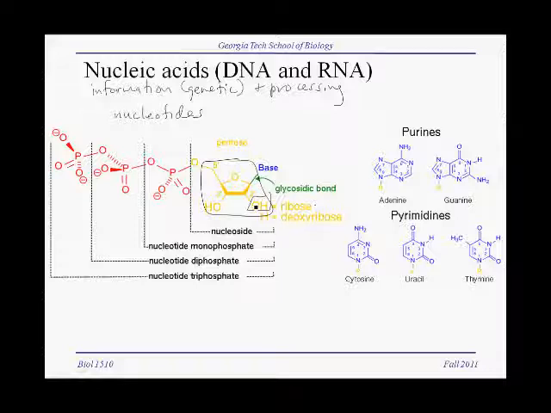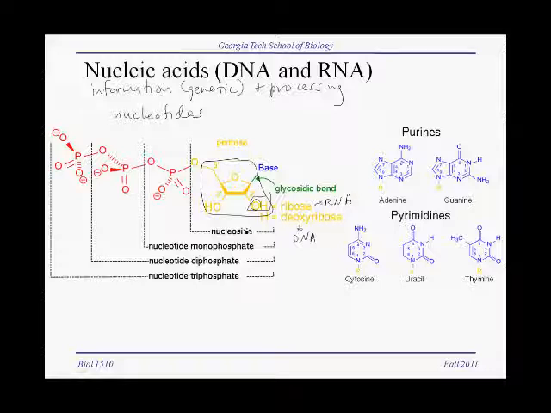So that's the deoxy, meaning this oxygen is missing in deoxyribose. Deoxyribose, of course, is the sugar for DNA, and ribose is the sugar for RNA. That's the one key difference between DNA and RNA molecules.